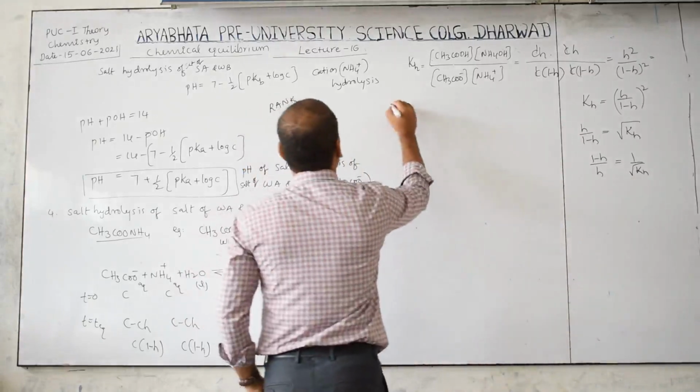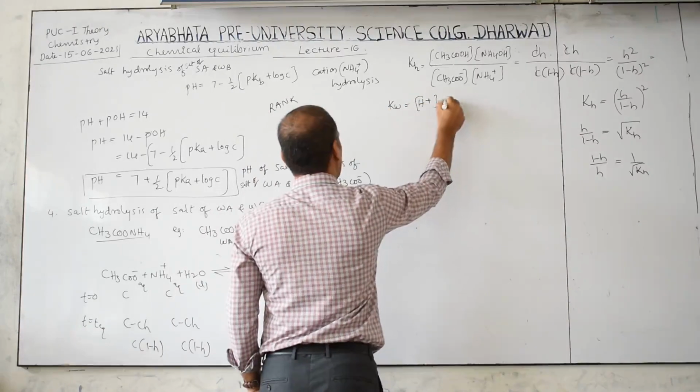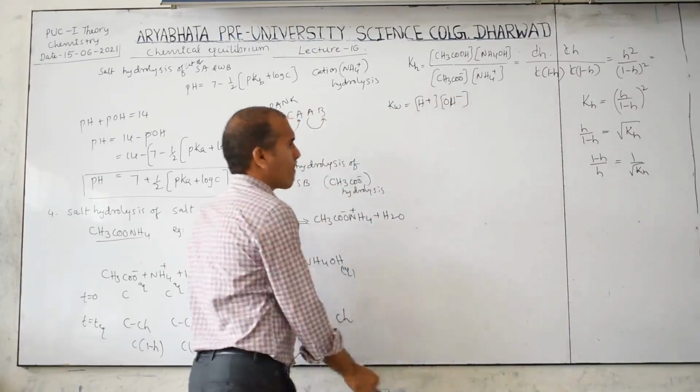Now we know that Kw is equal to H plus ion concentration into OH minus ion concentration.